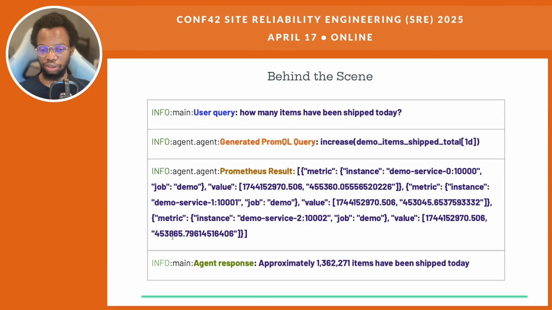You can do it later, but I've confirmed it. If you sum the value returned from demo service 2 plus demo service 1 plus demo service 0, you're going to get the total value here.